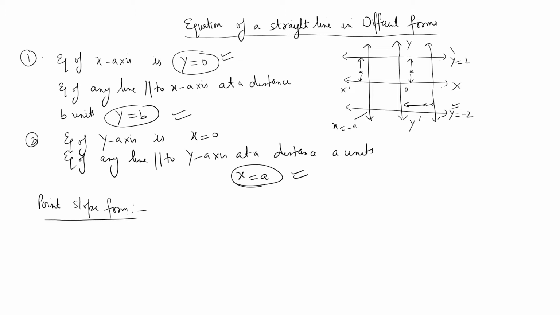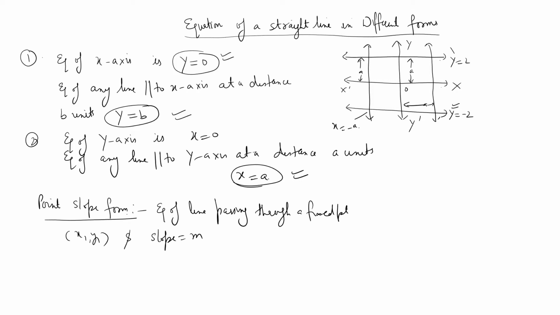In such kind of form, we will be having a fixed point, means equation of line passing through a fixed point x1 y1 and slope m, whose slope m is given, right?